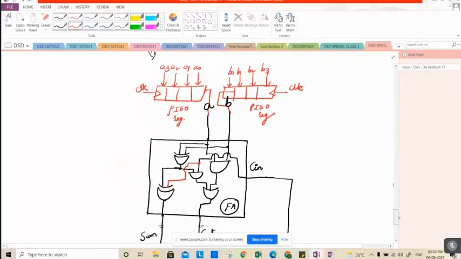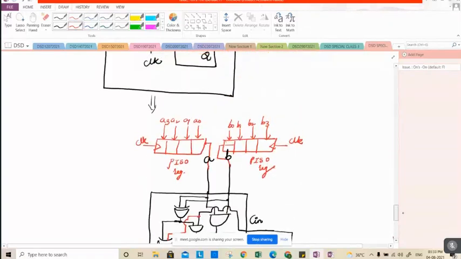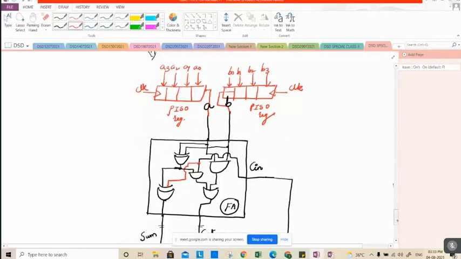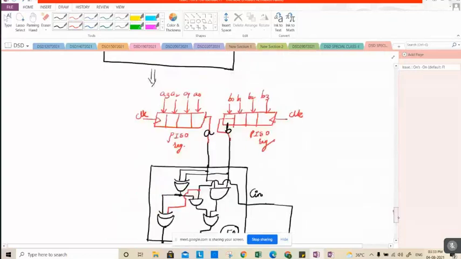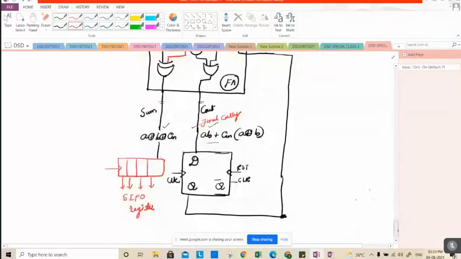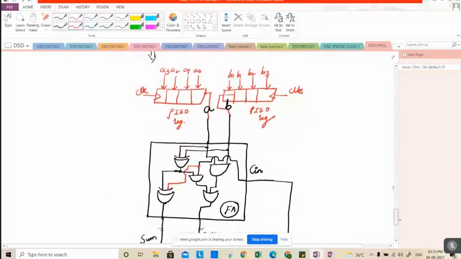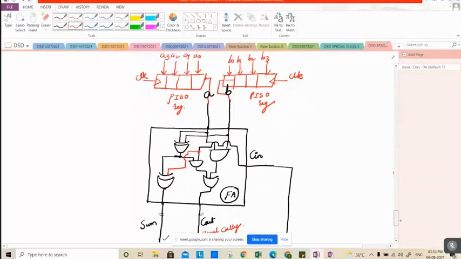Well, tell me, can't we use this as a multi-bit adder? Can I use this as a 4-bit adder?